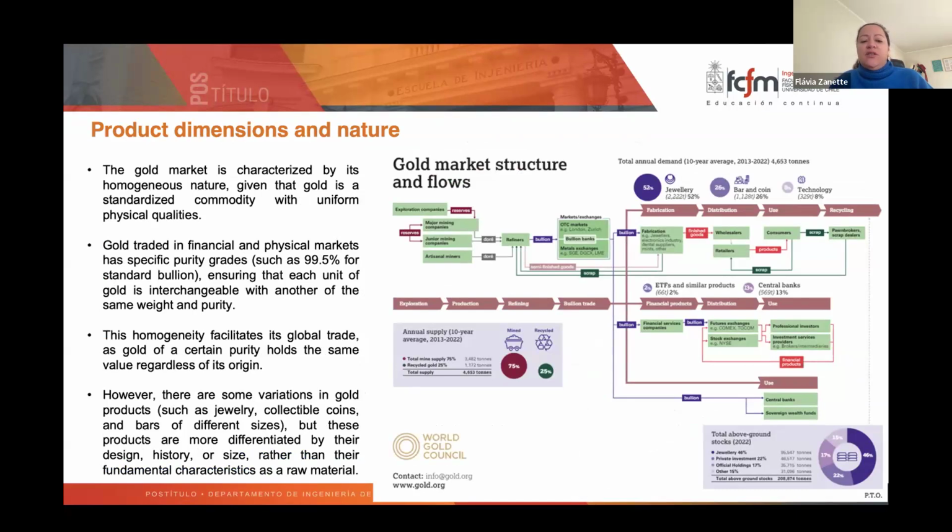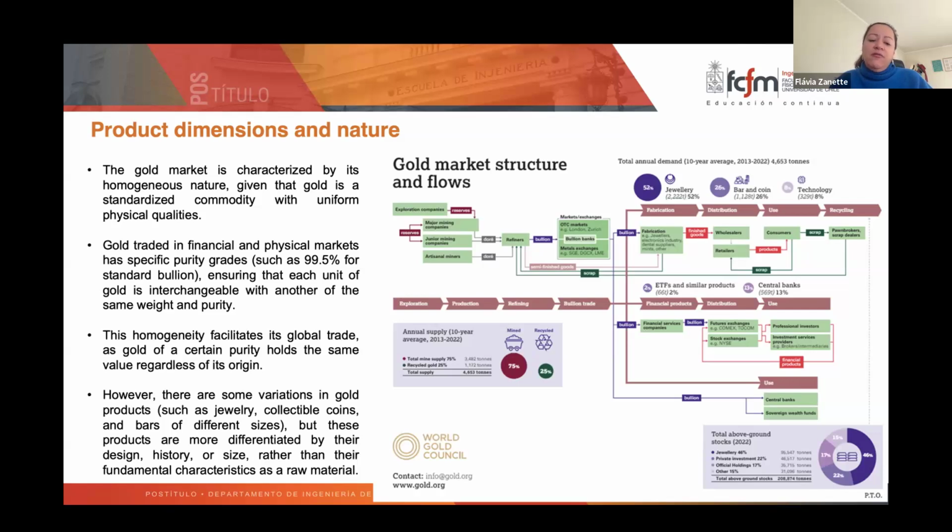Gold traded in financial and physical markets has specific purity grades, such as 99.5% for standard bullion, ensuring that each unit of gold is interchangeable with another of the same weight and purity. This homogeneity facilitates its global trade, as gold of certain purity holds the same value regardless of its origin.